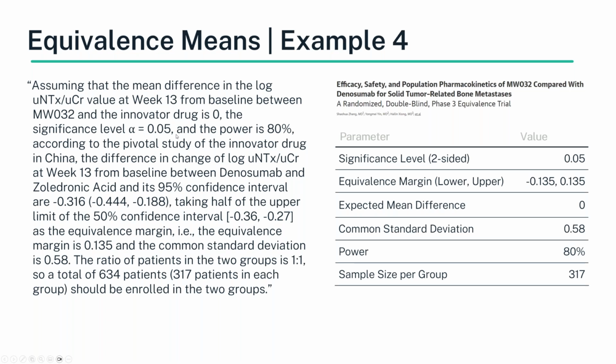The significance level used was 0.05. The expected mean difference was 0, and the equivalence margin was 0.135. The common standard deviation was 0.58, and with 634 total patients randomized 1-to-1, the study would have 80% power to test for equivalence.